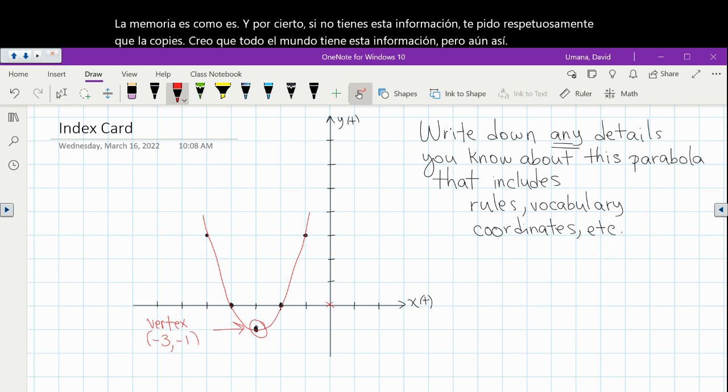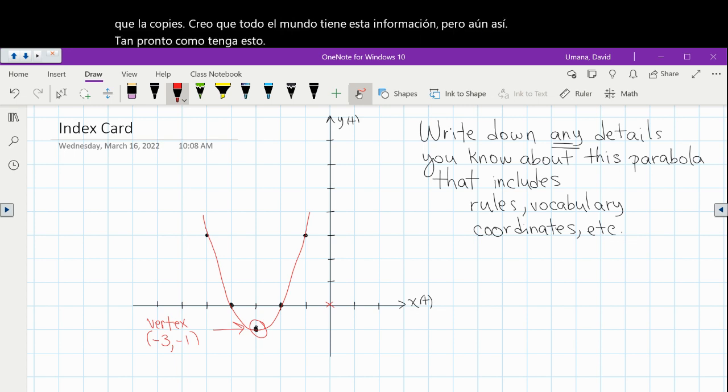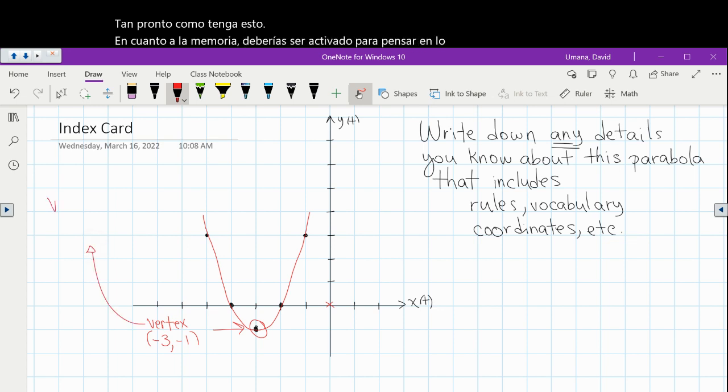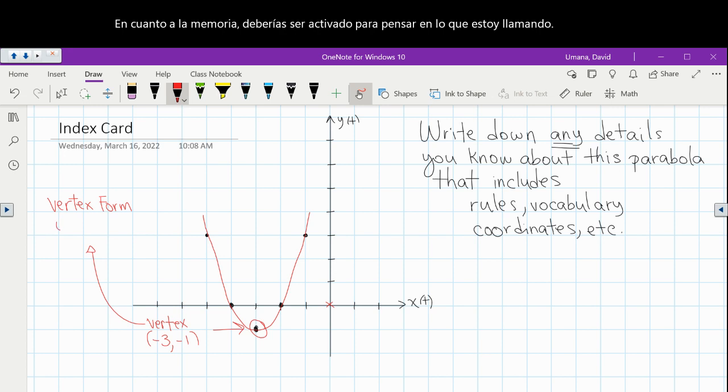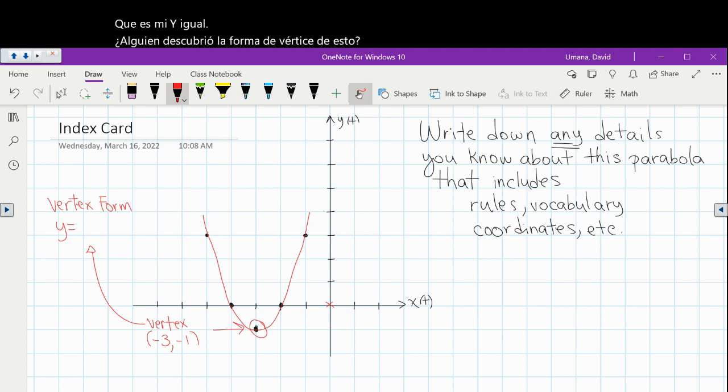As soon as I have this, memory-wise, you should kind of be triggered into thinking of what I am calling vertex form, which is my y equals. Did anybody figure out vertex form of this? Say again. Okay, so x positive 3.